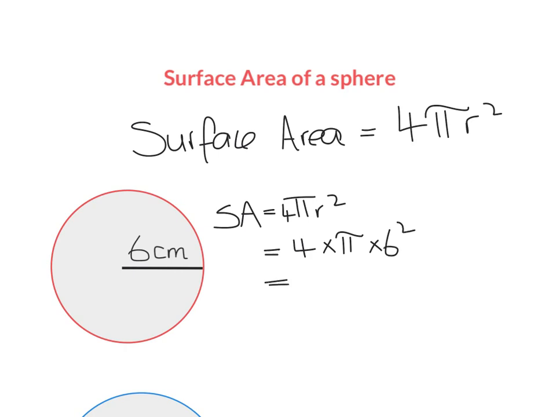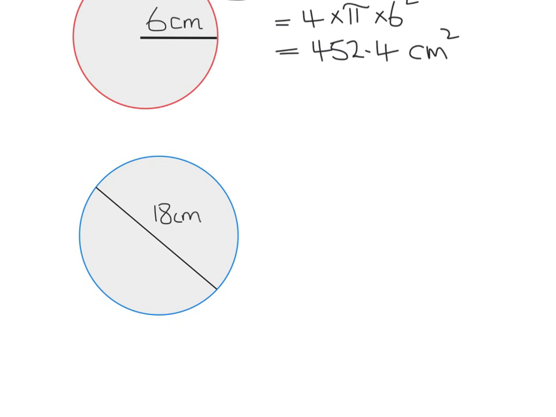If I put that into my calculator, it gives me an answer of 452.38. I'm going to do one decimal place, so 452.4, and that's centimeters squared, because it's area. Dead easy. Next one.